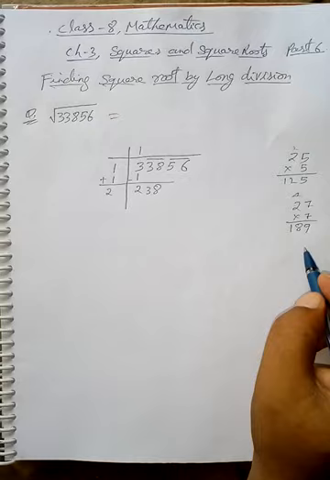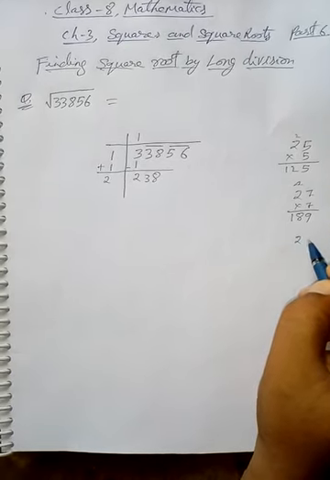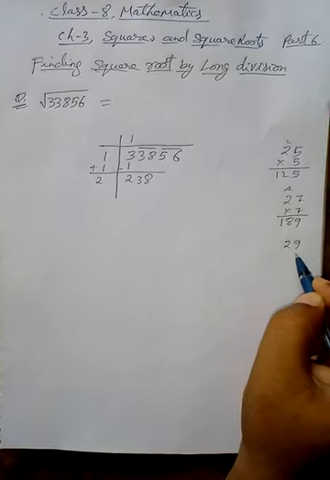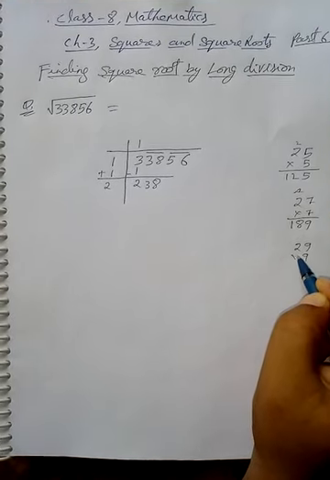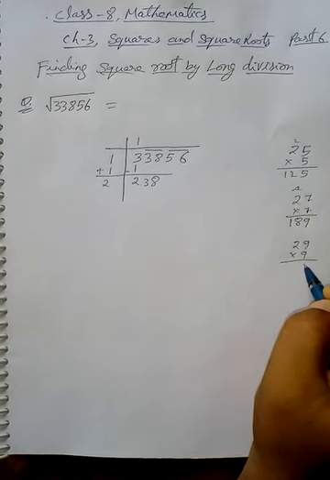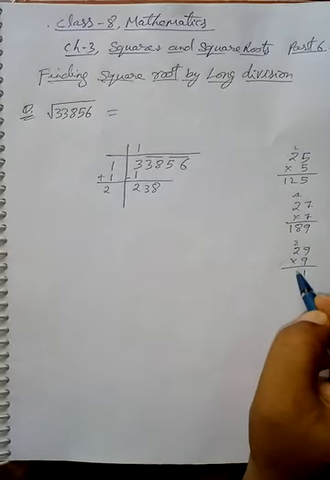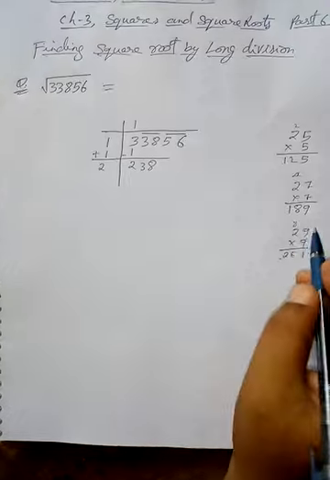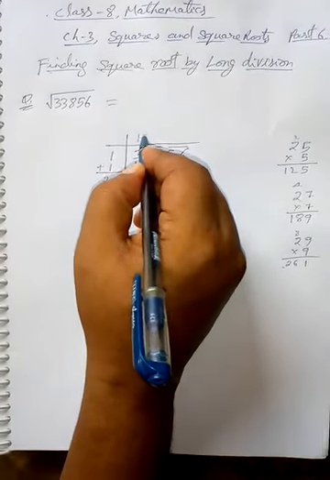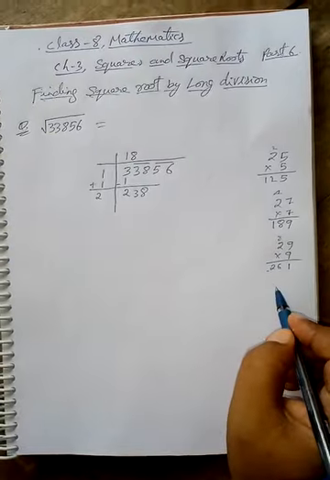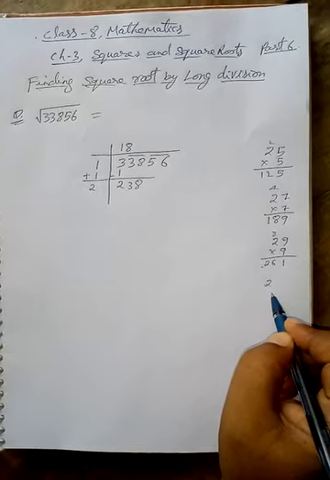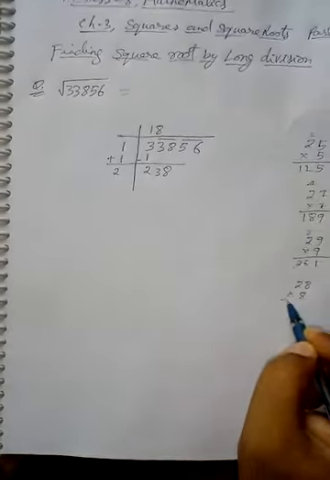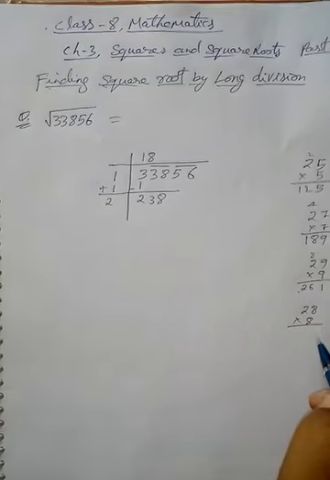Next number, let's see, 9 nines are 81, 8 carry, 9 twos are 18 and 8 is 26. It is greater than this, so we'll take 8 times, because 2 is multiplied with 8. Not only 2, this 8 will come here also, and actually we multiply 28 with 8.